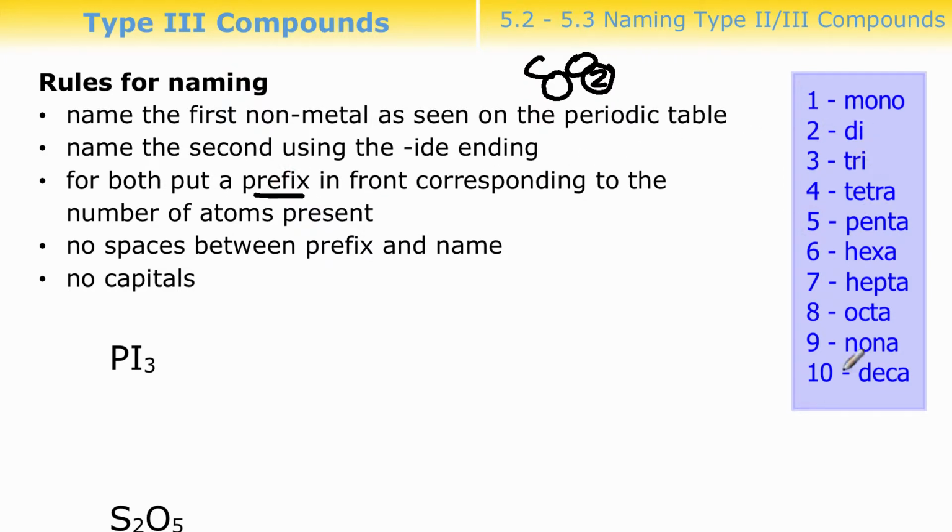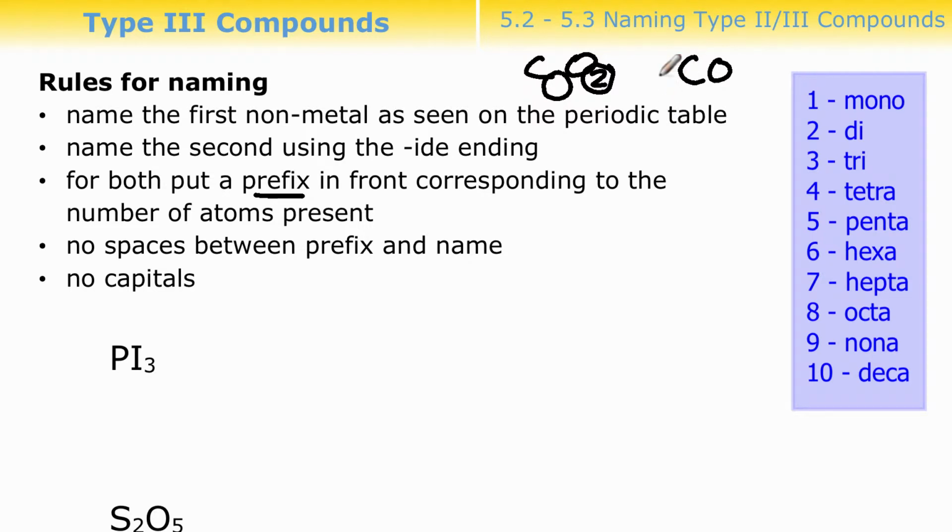Here are the prefixes that we'll use with our system of naming. If there's one, you can say mono. Often they leave that out. But if I have CO, usually we call that carbon monoxide. We have the mono in there, but we don't have the mono on the first one.